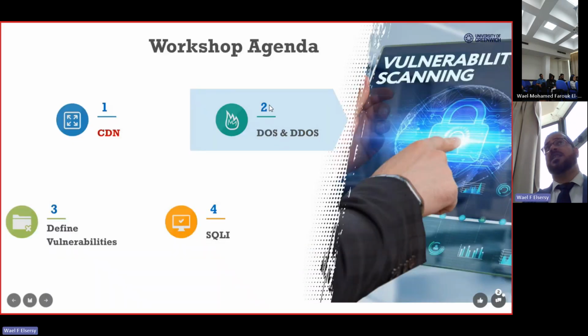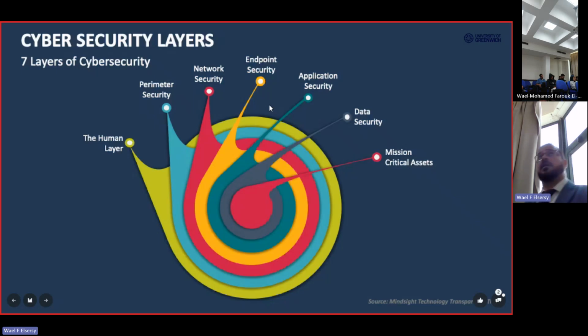We need to see what a denial of service attack and a distributed denial of service attack are. Before we go into that attack, we need to recall some of the basics that we have taught before, like the cybersecurity layers: the people, the network, the endpoint, the application, and the data security.